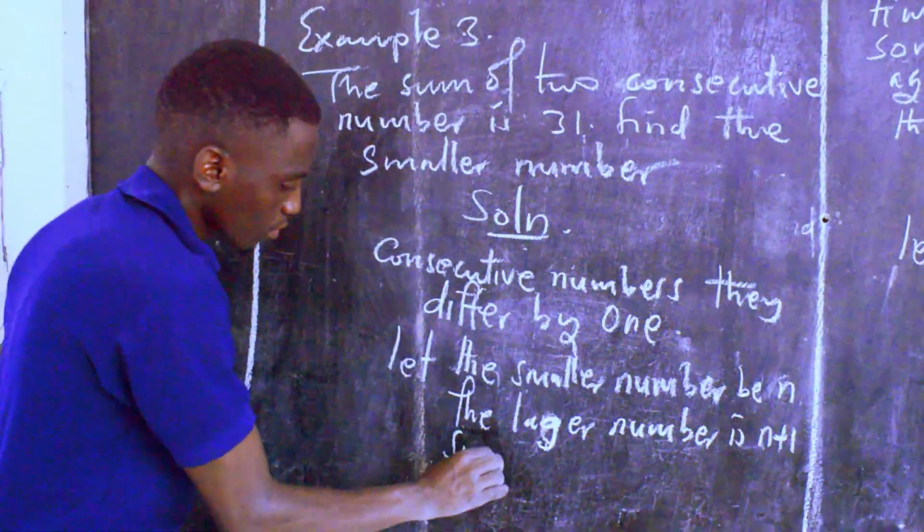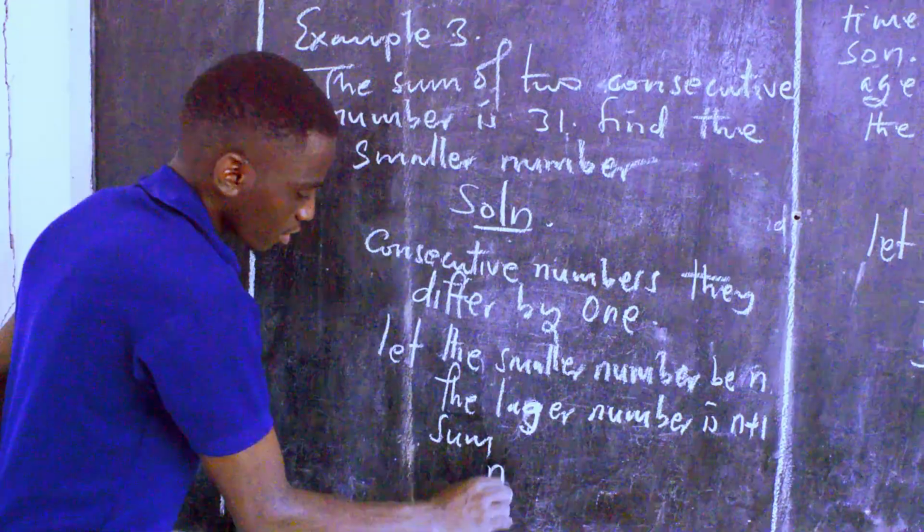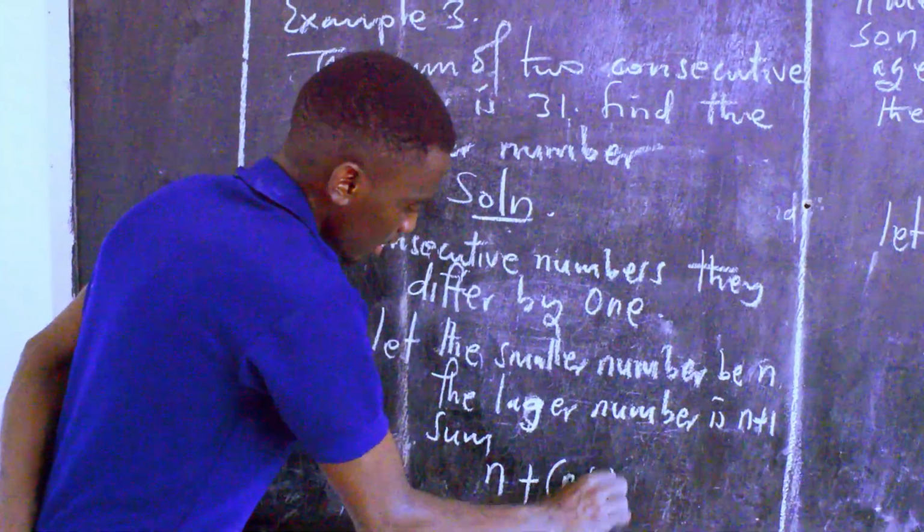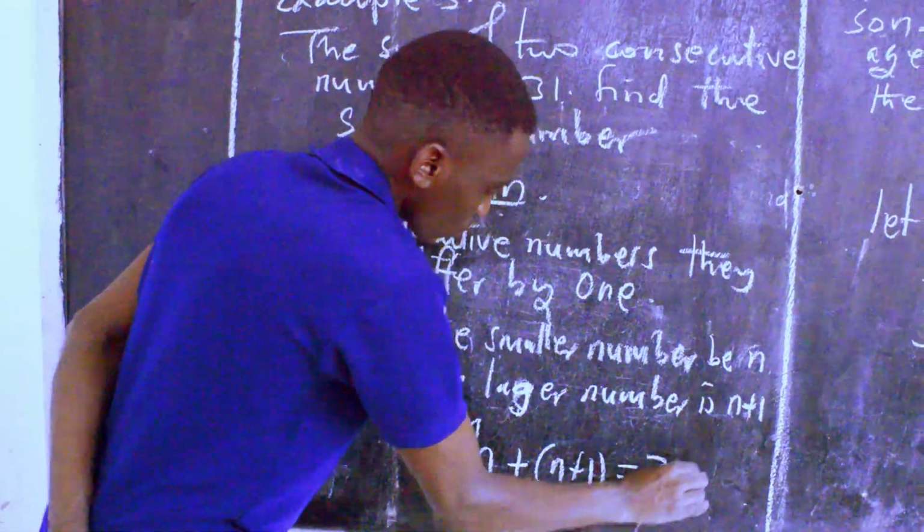So the sum: you take the smaller number, that is n, plus the larger number, that is n plus 1, will be equal to 31.